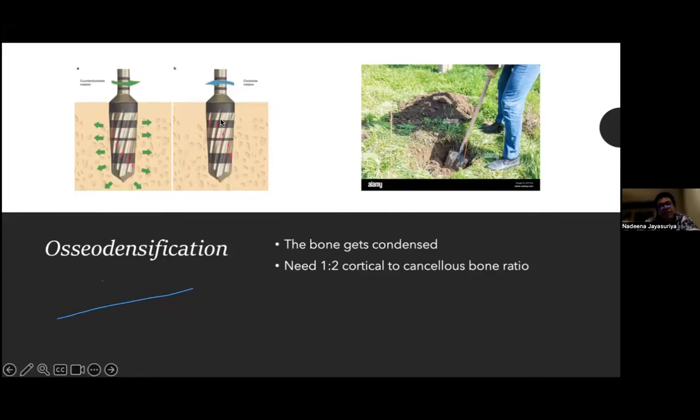So what happens in osteodensification is that the system causes the burr to turn in such a way that the bone doesn't get removed, but it gets pushed into the bone.